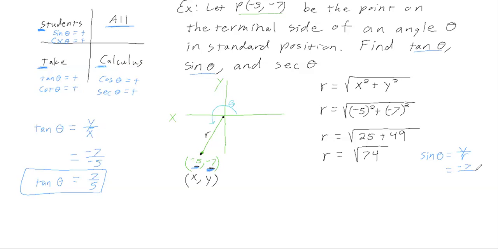What did we just find our r to be? Square root of 74. But let's rationalize that. Let's multiply by the square root of 74 over square root of 74. And that gives me -7 square roots of 74 over 74. And that'll be my sine of theta.